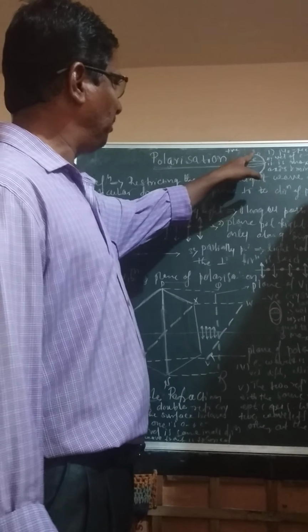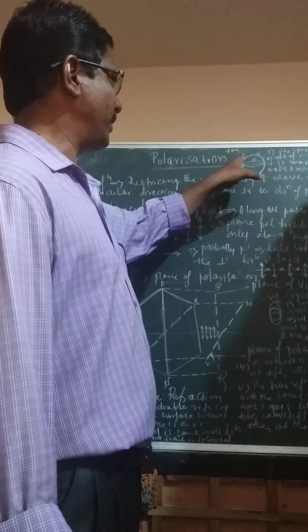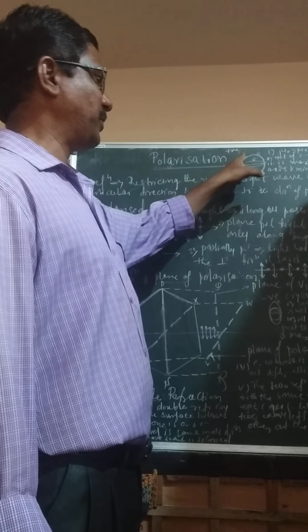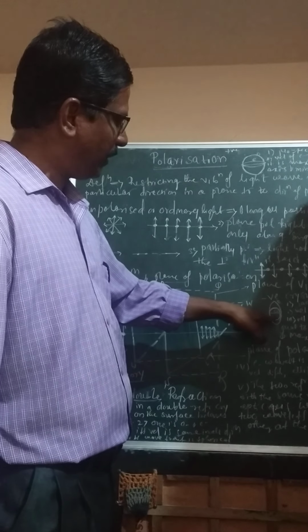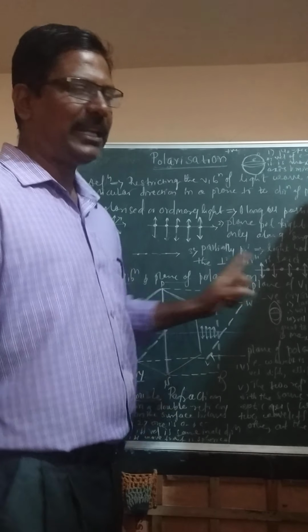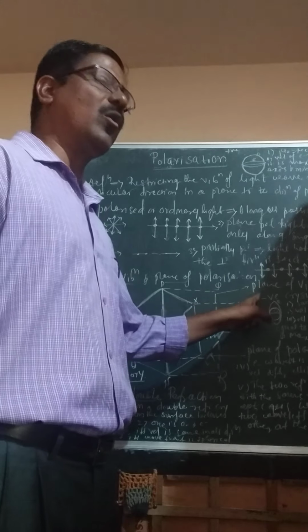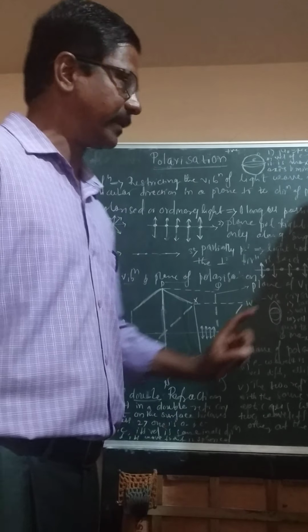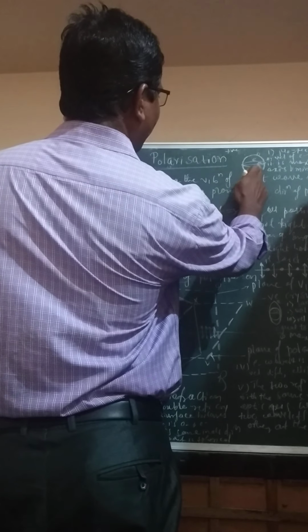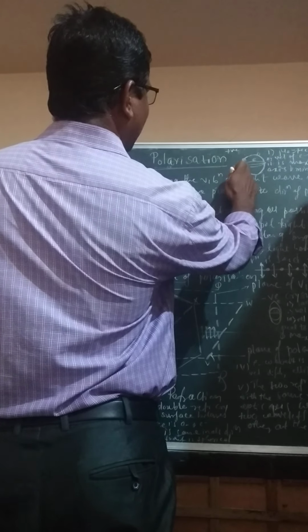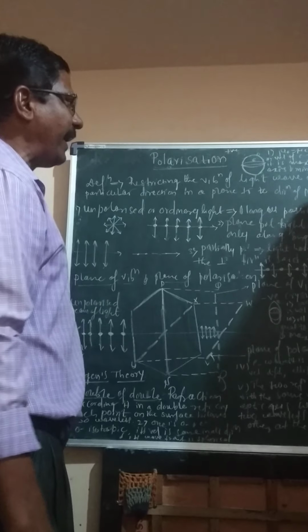Once you remember this picture, you can define the meaning of positive crystals. In negative crystals, see here, the spherical wavefront lies within the elliptical wavefront, so we call that a negative crystal. But here, the elliptical wavefront lies within the spherical wavefront.